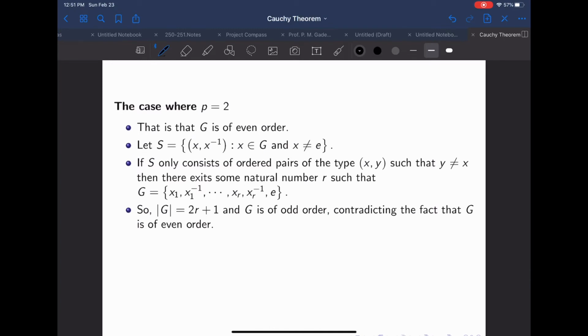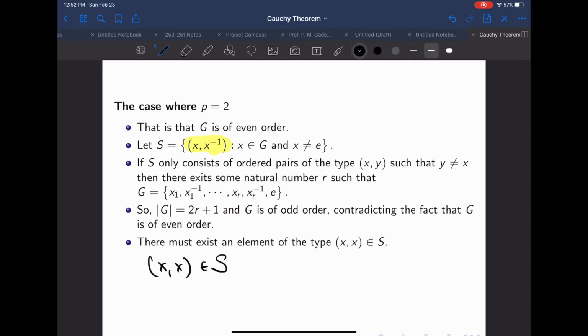So that's the idea. This tells us that the assumption that S only consists of ordered pairs of the type (x, y), such that y is distinct from x, can't be true. So in other words, there must exist at least one element of the type (x, x) which is in the set S. But the fact that (x, x) is in the set S, by definition, if you look at the membership requirements of S, forces x to be equal to its own inverse.